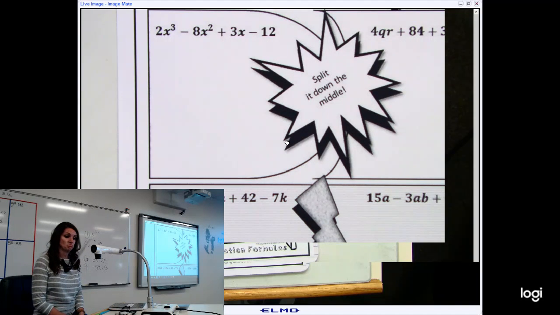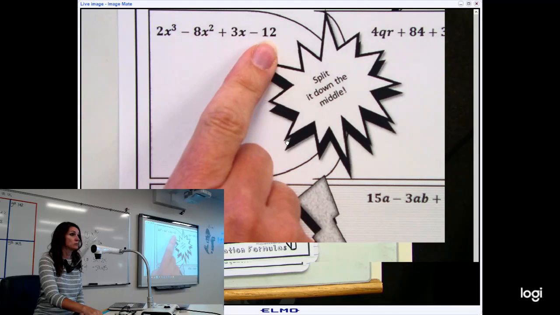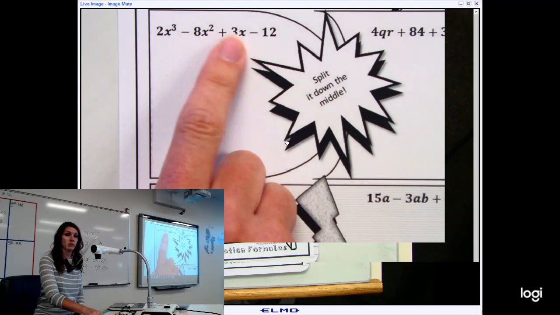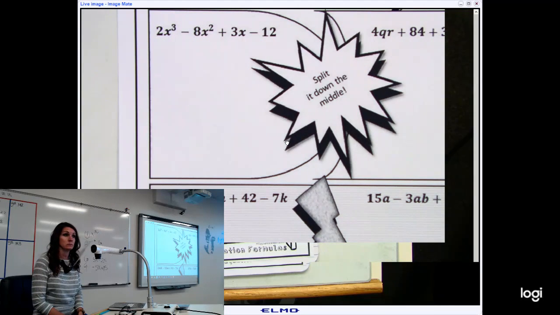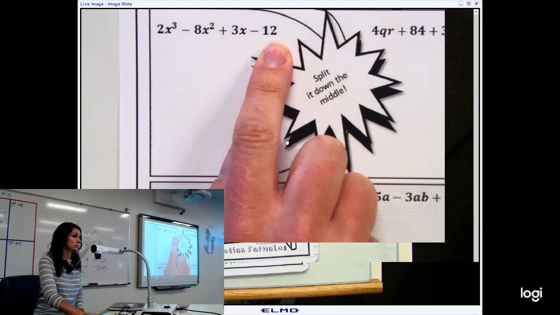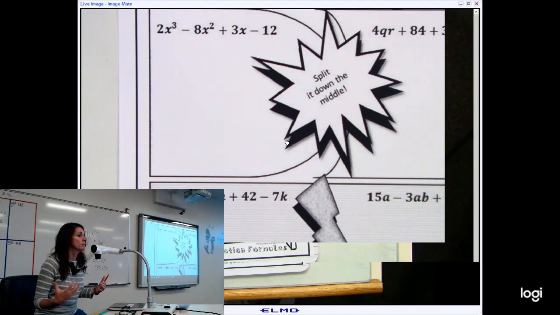No. There is no number that goes into 2 and 8 and 3 and 12 other than 1, right? And does it have a common variable anywhere? Almost, except that 12 doesn't have a variable. And so you look at this and you say, Mrs. Yates, there's no greatest common factor. That means I can't factor it.